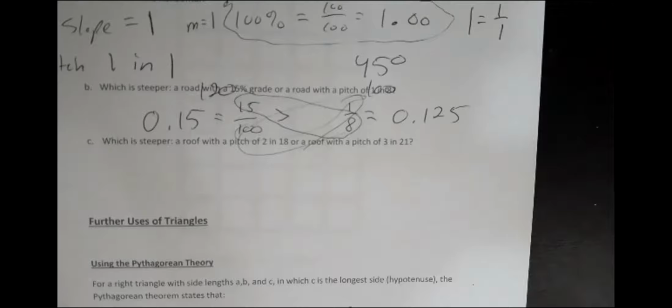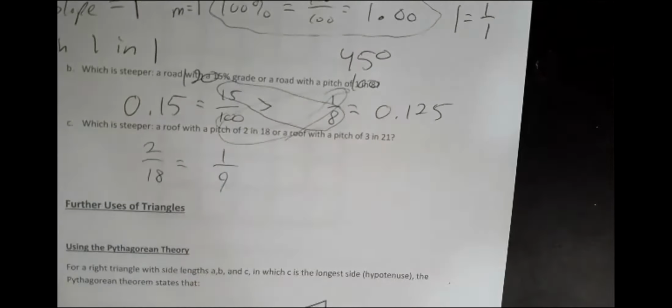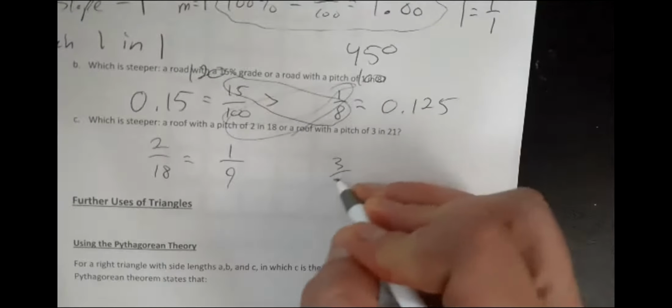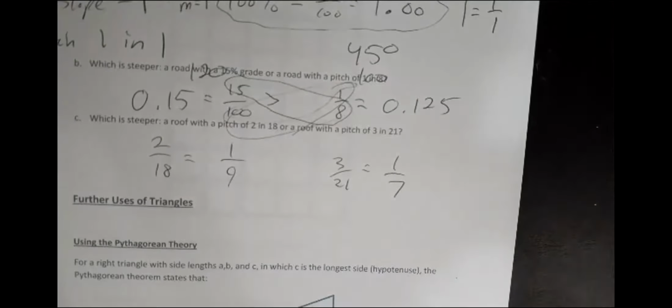Or it is steeper. So what is steeper, a roof with a pitch of 2 and 18 or a roof with a pitch of 3 and 21? If you simplify things, it might make your life a little easier. 2 and 18 is 1 and 9. 3 and 21 is 1 and 7. Woo!